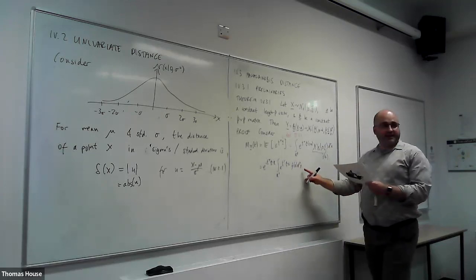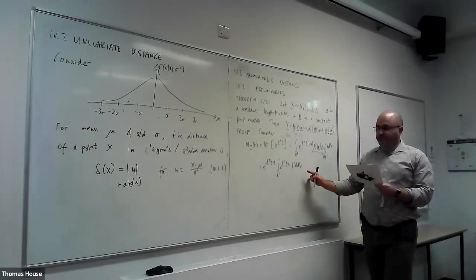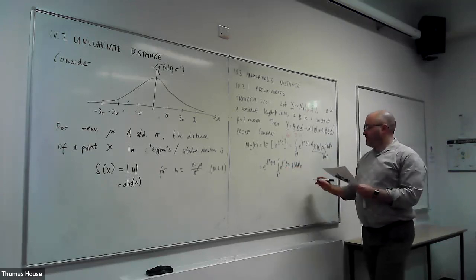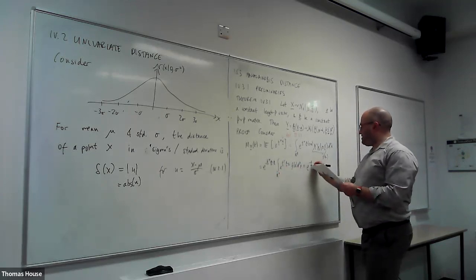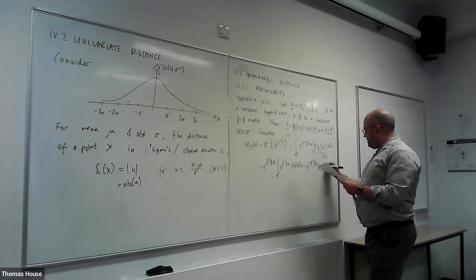And then this thing here is equal to the moment generating function of X evaluated at A transpose t. So this is equal to e to the minus t transpose a times the moment generating function of X, but evaluated at A transpose t.